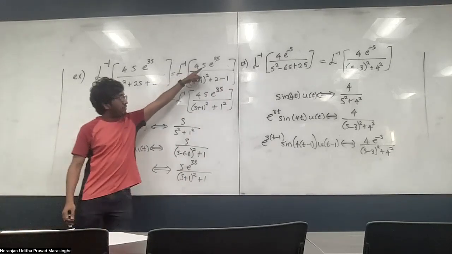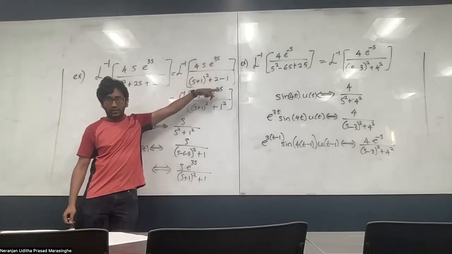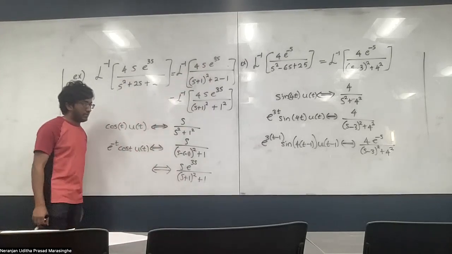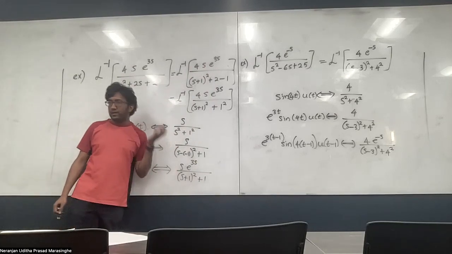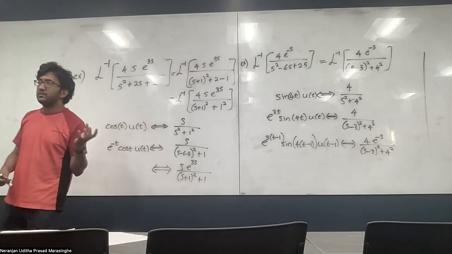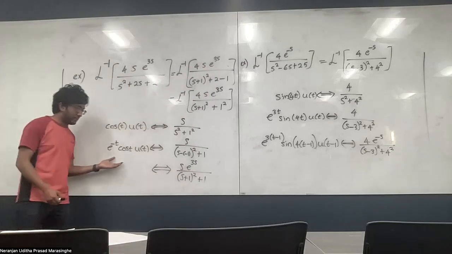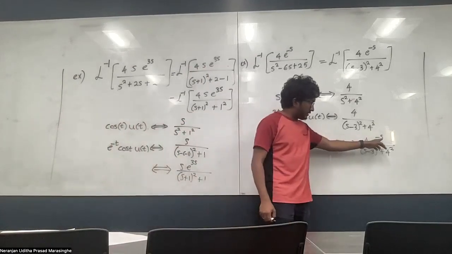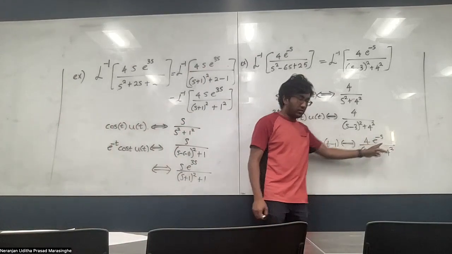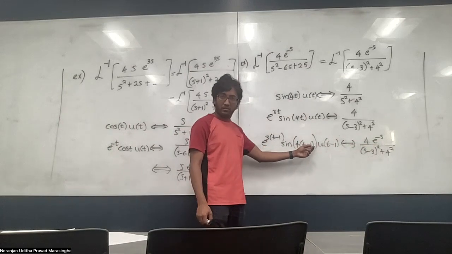So now I have to care about this e to the 3s. What can you say? If e to the minus as would appear in the Laplace domain, the translation is by a. For example, in this case e to the minus s appeared, so I translated by 1.